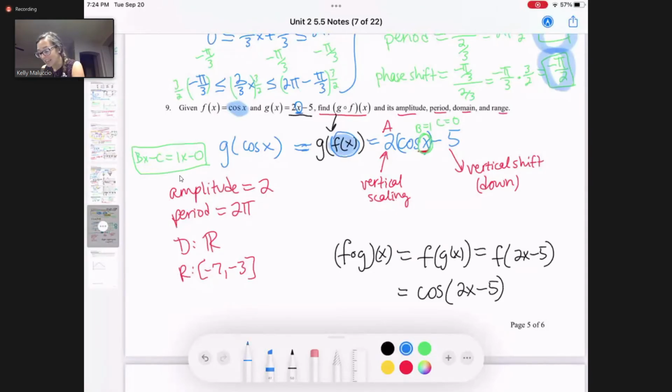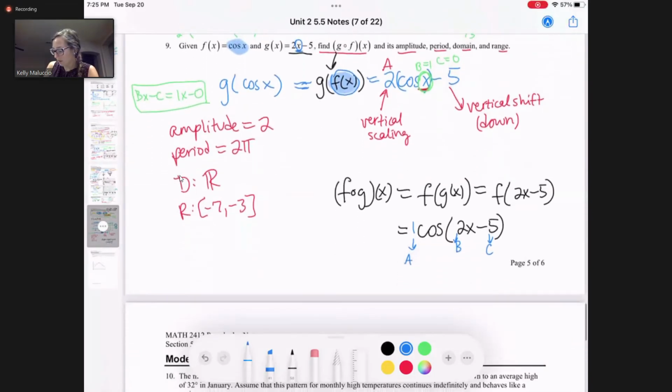And in this case, your b would be 2, your c would be 5, and your amplitude, your a, would just be 1, right? And you'd have no vertical shift. So this one would be just a little bit different, right? So you could also compute that. Check that out.